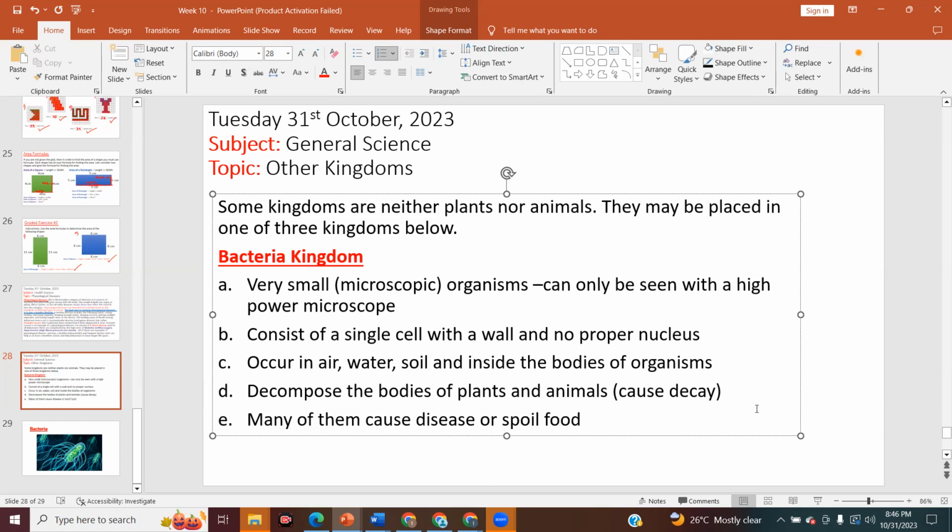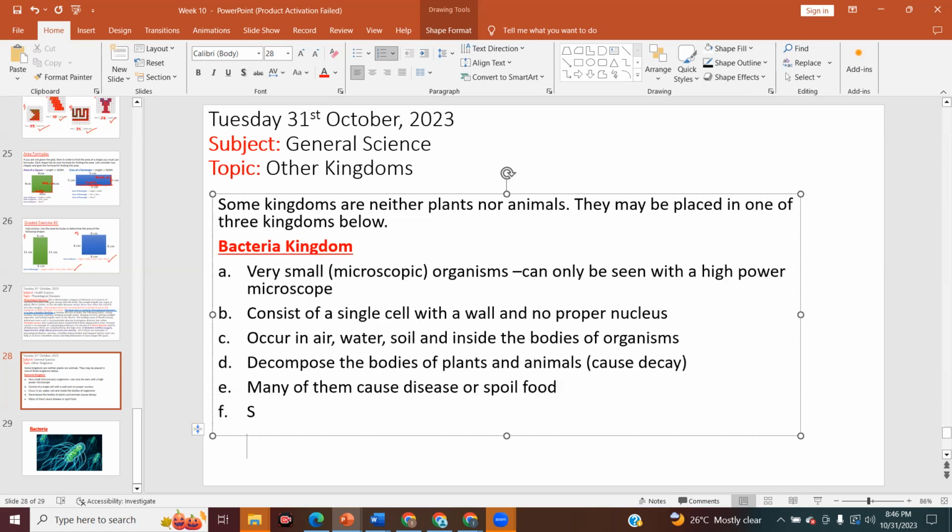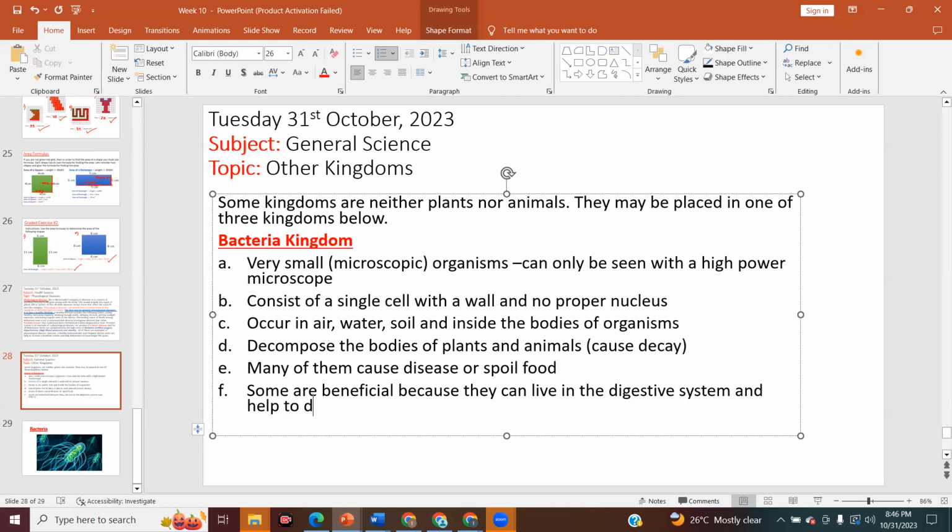Now, like I say, some of them are actually beneficial, because they can live in the digestive system and help to digest food.